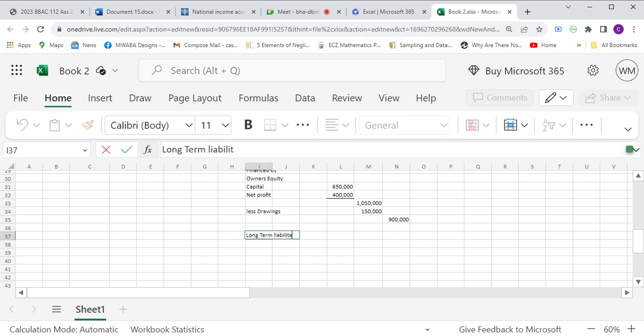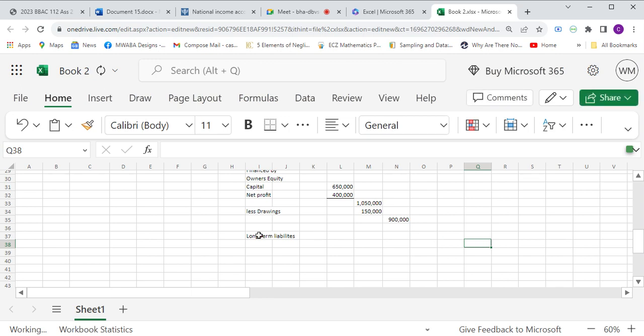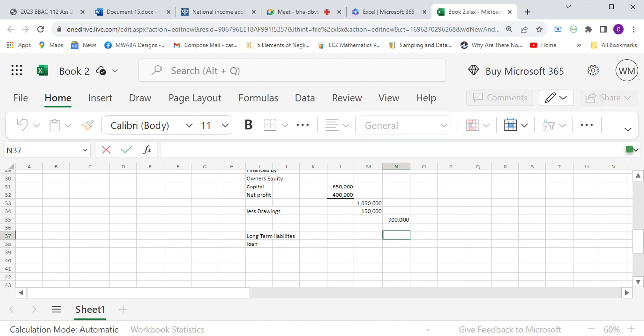Then we're going to add our long-term liabilities. This is what you owe, and it can be paid after a year. You don't have to pay it within a year, right? You can pay it after some years. And these are usually the loans, mortgages. Sometimes you're going to see words like bonds and debentures, all meaning the same thing. So we're going to have 50,000 here. So you're going to say 900,000 plus 50,000.